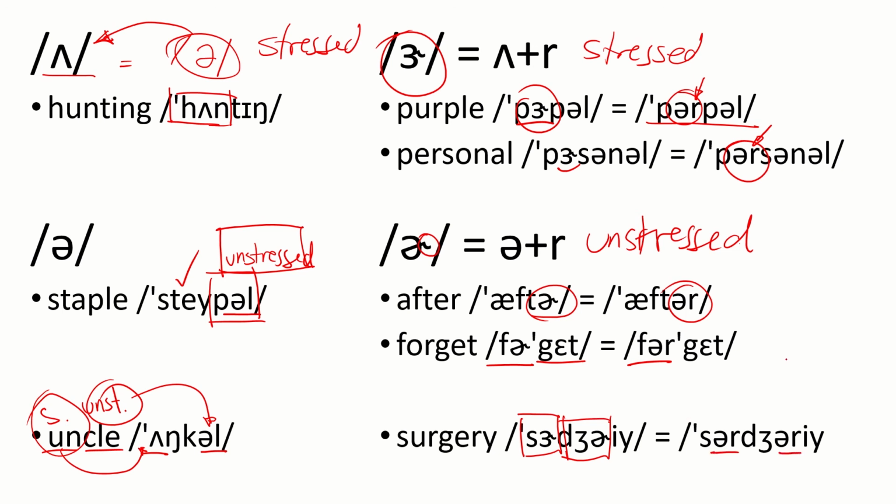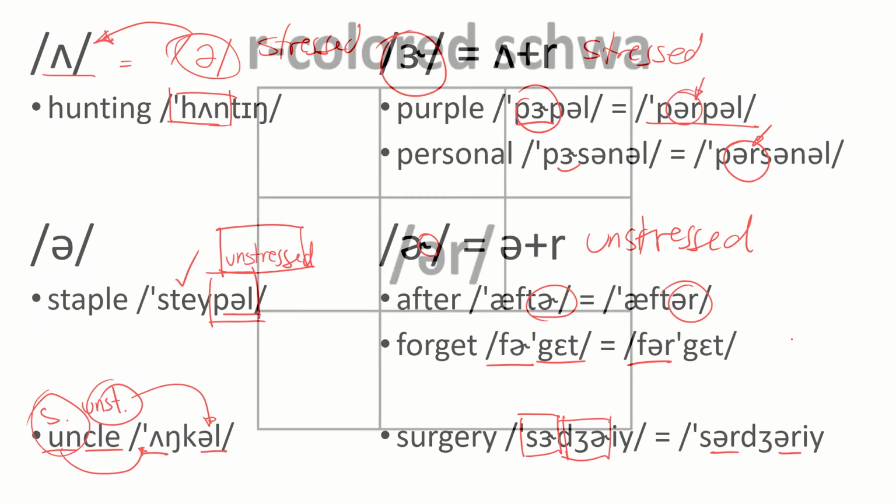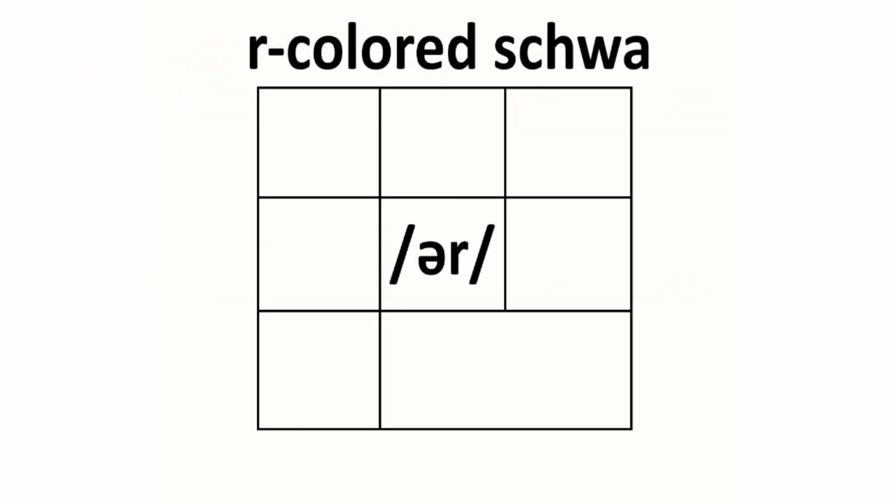In other words, according to our book, and going back to the original chart, this sound right there is both stressed and unstressed. And it sounds like an R, but it stands for a vowel, a schwa and an R, like in the word purple, surgery, and all the others that we've seen.